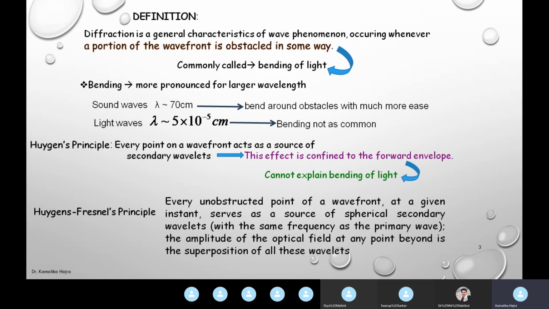You will get it in standard textbooks, but as I told you, there is no phenomenological difference between interference and diffraction. It is only in the observation that you find a difference between the two. There is only observational difference. There is no phenomenological difference. Okay?